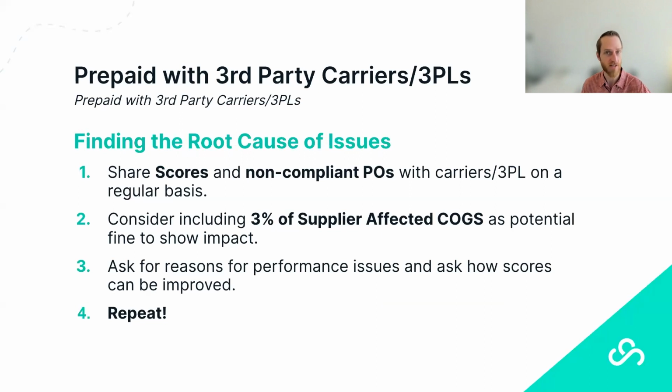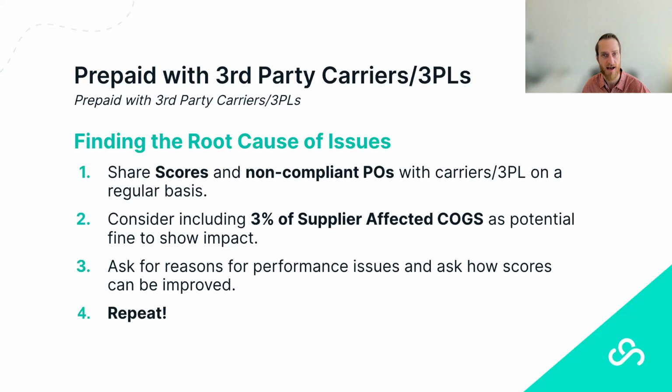One thing that we believe is really helpful is to share data and really show them the problem. So sharing a list of all the POs that are late or early can help them see the impact of the problem. If it's past months, you could include the fines associated with those POs.